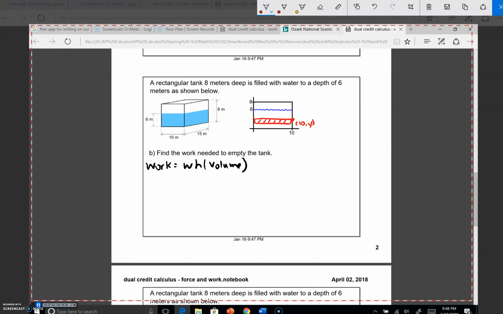But on this particular problem, you've got to think about the fact that this thing is going to have a volume, which means it's going to come out 15 meters. Let me draw that over here for you so you can see that.